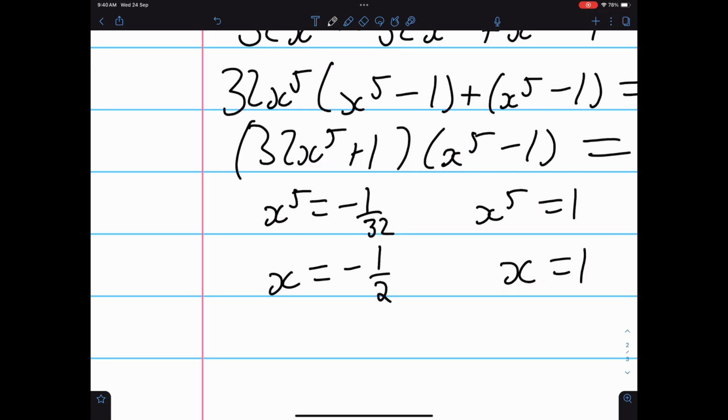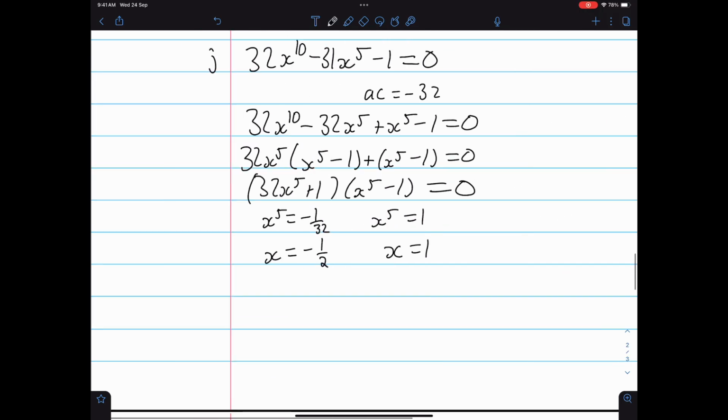Because remember, multiplying a negative by a negative gives a positive, and if you then multiply by a negative, that'll be negative again. So that's why you can take the odd roots of negative numbers, but not the even roots.